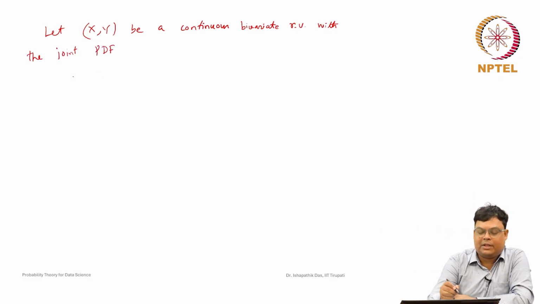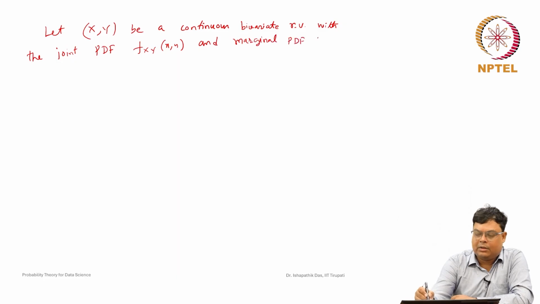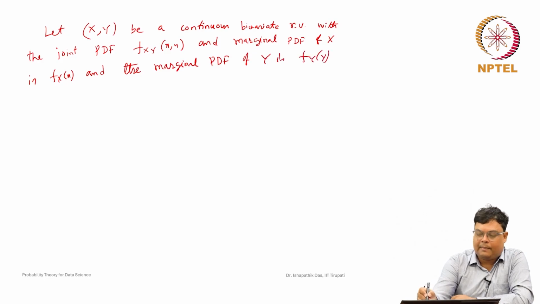Here we talk about the joint probability density function, because they are continuous; instead of the probability mass function, we discuss the joint probability density function f_XY(x, y), the marginal probability density function of X is f_X(x), and the marginal probability density function of Y is f_Y(y).